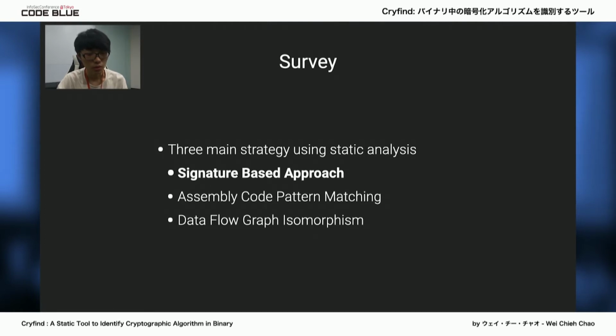The third method is data flow graph isomorphism. It compares the similarity between the data flow graph of the target and the database. This method is hard to implement and may be less efficient. So after various considerations, we thought the signature-based approach is the easiest to implement and the most efficient among all, and it can also achieve great results.